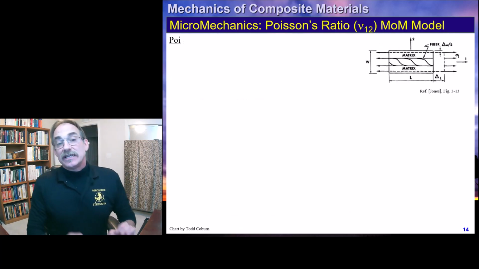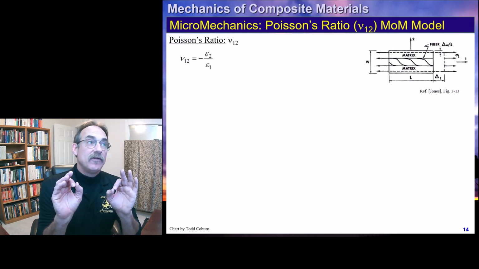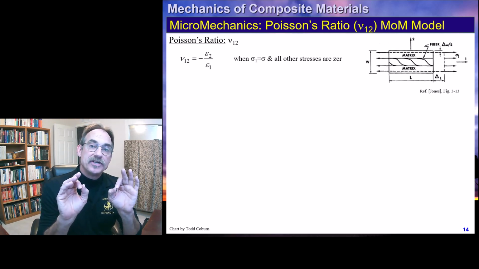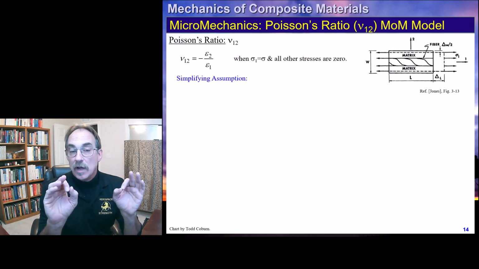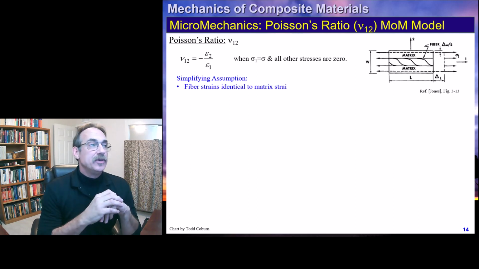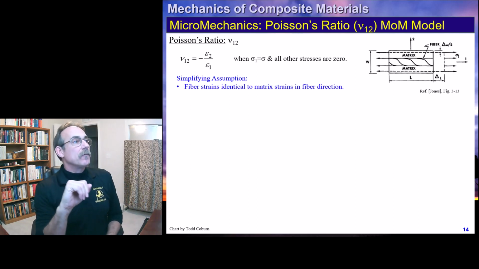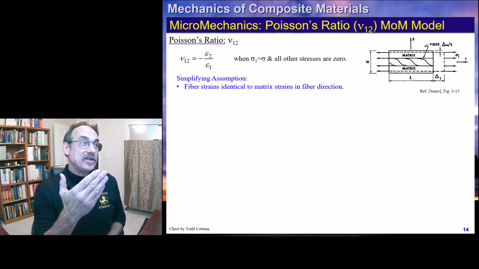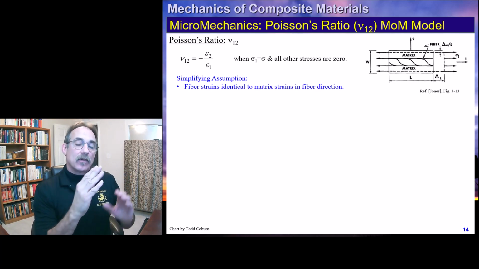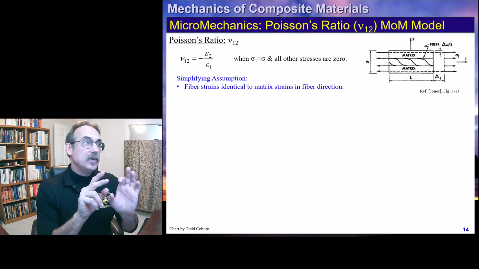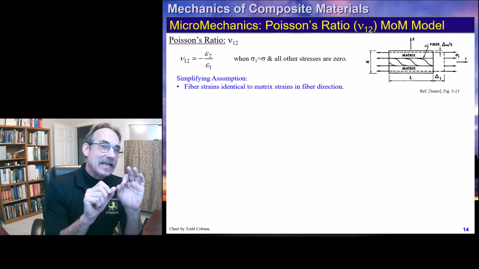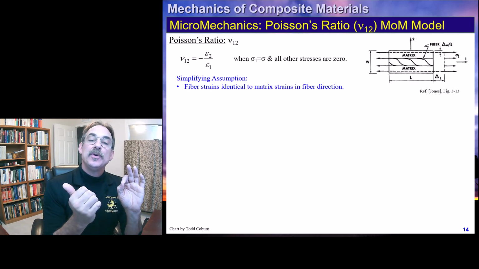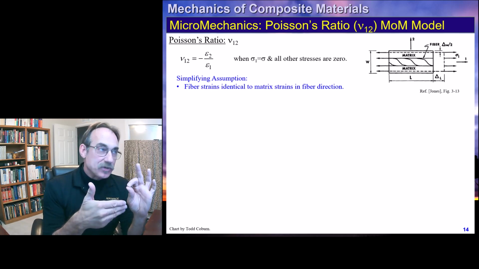All right, so let's look at Poisson's ratio. We're going to focus on the 1-2 Poisson's ratio, and recall that we can compute the 2-1 from the 1-2 when we need to using the equations we developed earlier. Poisson's ratio 1-2 is defined as the negative of the strain in the 2 divided by the strain in the 1.